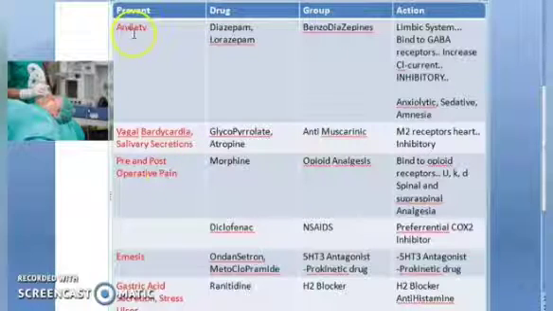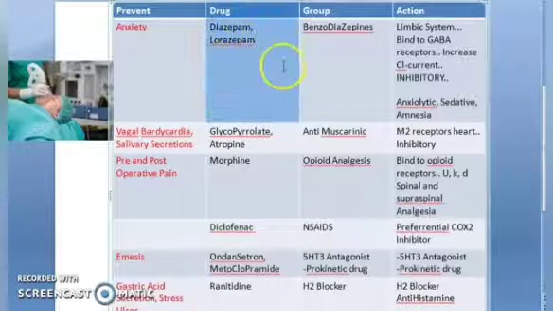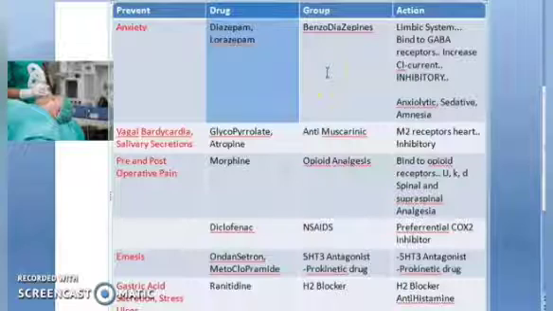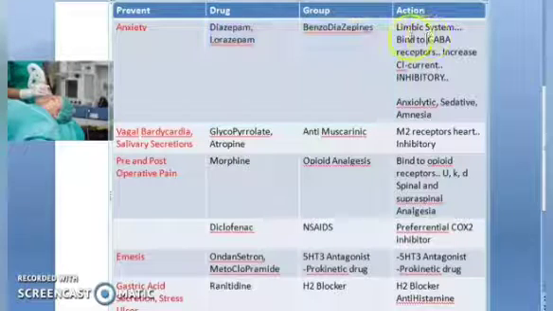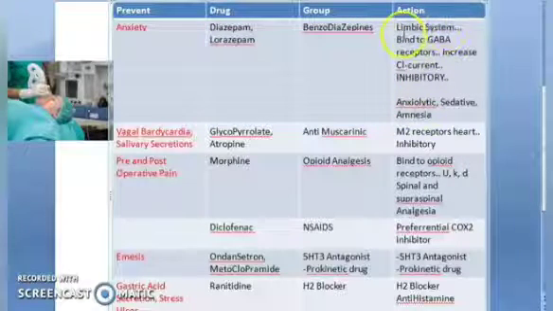Now anxiety. How do you prevent anxiety? Give an anti-anxiety medicine, or anxiolytic, sedative, hypnotic. What will those be? Diazepam, lorazepam. What are these drugs? They are benzodiazepines. How do they act? They act on the limbic system.